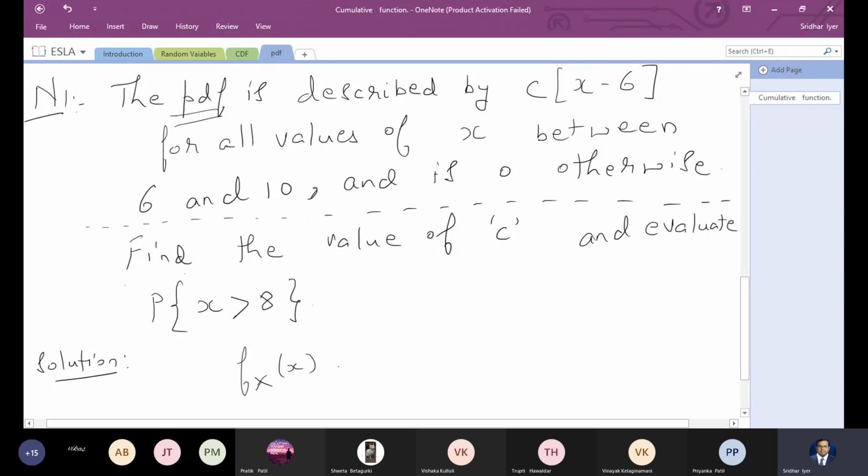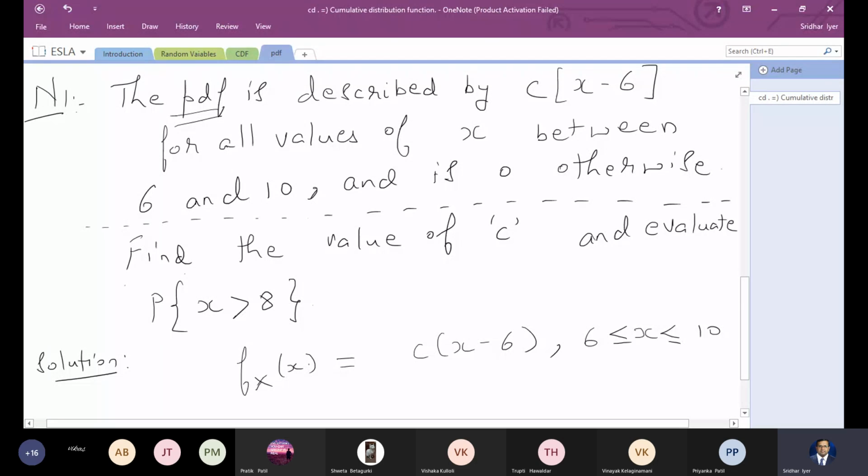Described means the PDF is equal to something. So it is described as some c into x minus 6 for values of x between 6 and 10. That means the value c into x minus 6 exists only when x is between two values, that is 6 and 10.